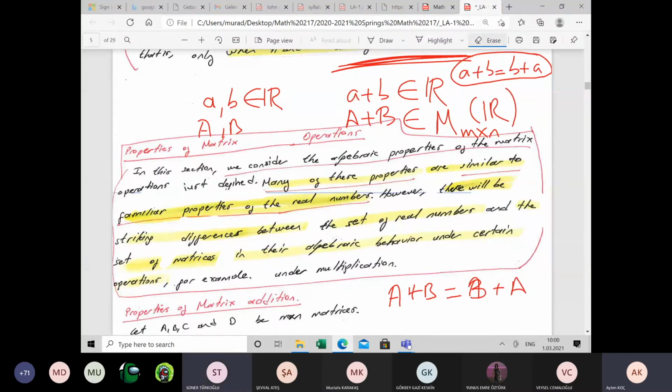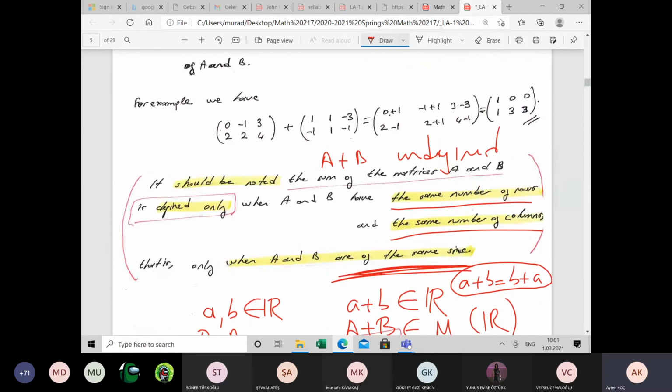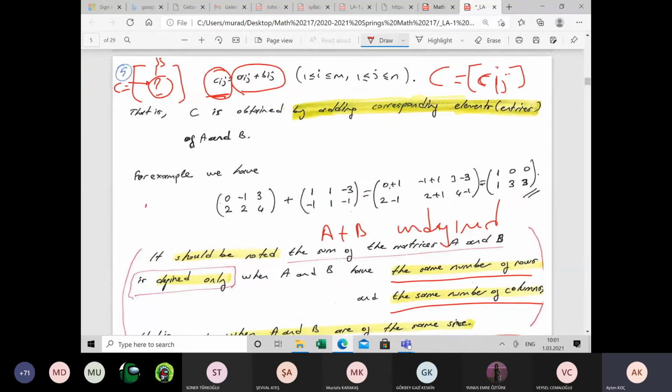Yes, it is true. What is the reason? Look at the definition. What is A plus B? How do we get the entry of the first row, first column? 0 plus 1.